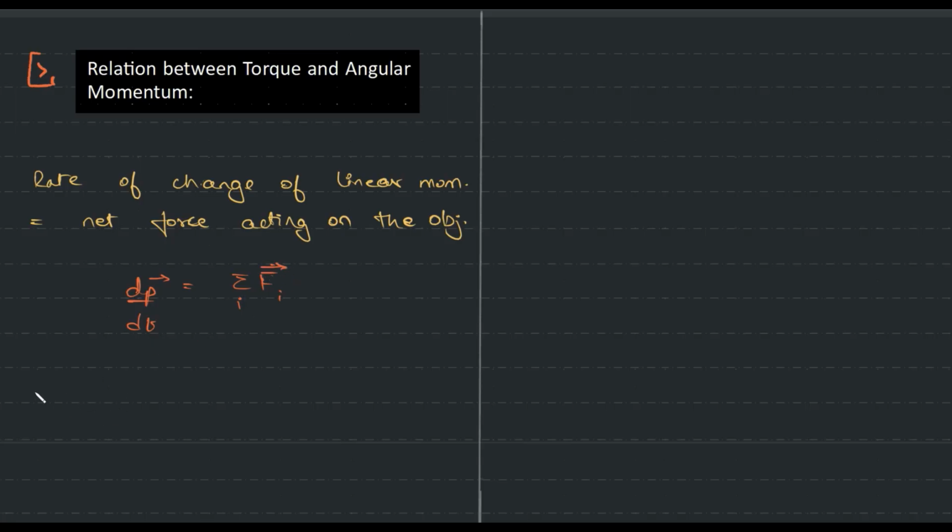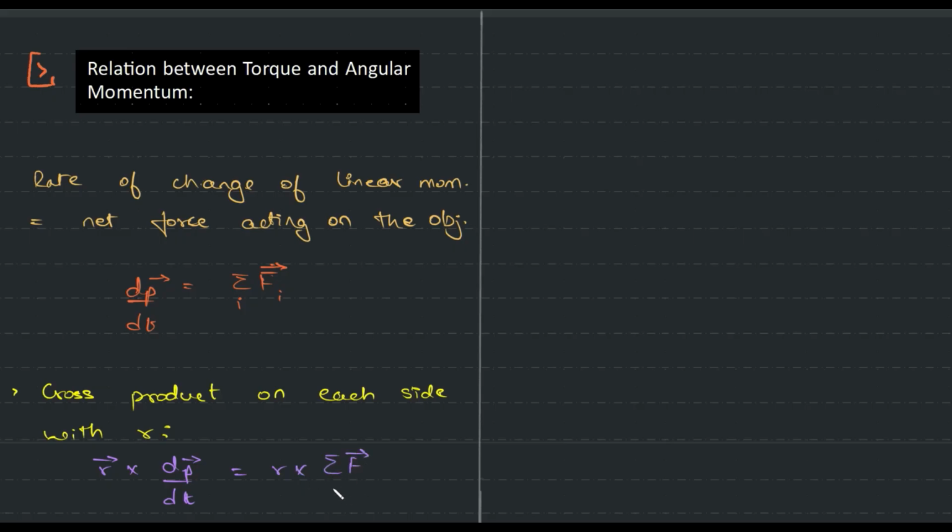Now, what I will do is take a cross product on each side with R. So we have R cross dp by dt is equal to R cross summation of Fi.